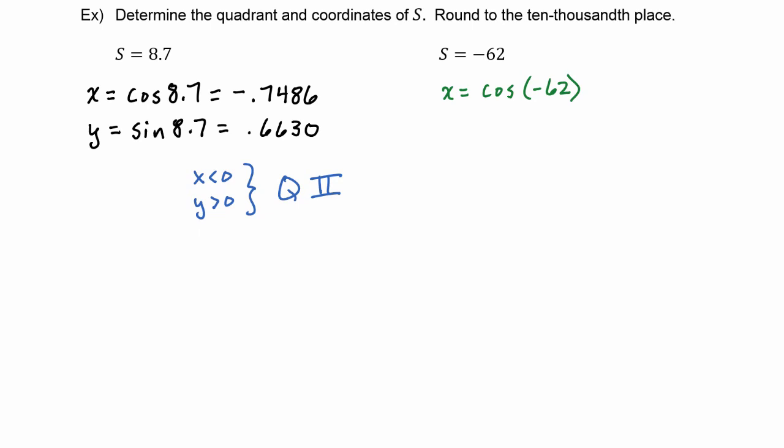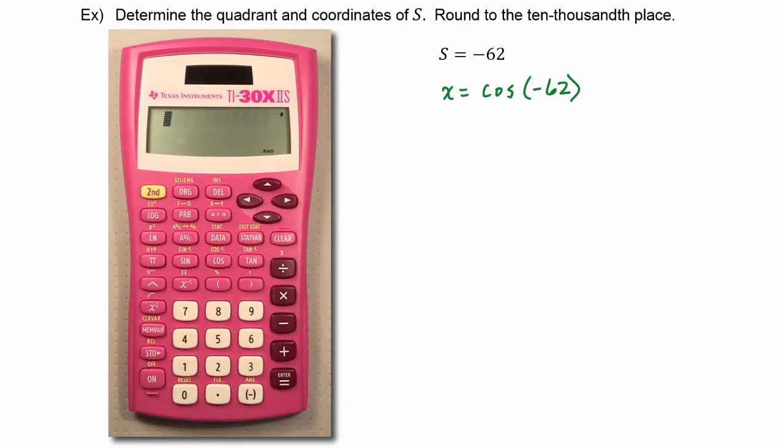So we still need our calculator to be in radian mode. So we'll take the cosine of negative, don't use the minus button, use the negative button, 62, close the parenthesis, and hit enter. Rounding to the 10,000ths place, we get 0.6735.